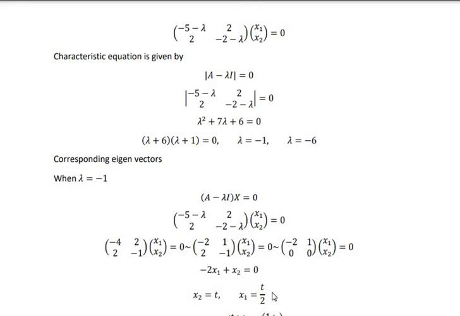So you have to take one variable arbitrarily. So you are going to take x2 is equal to t. Therefore, what is x1? Here you take x2 is equal to t, and you can find x1. So x1 is equal to t divided by 2.